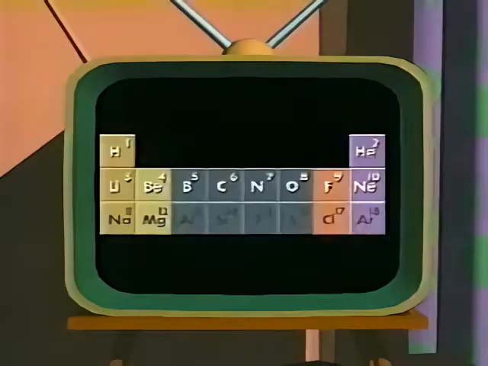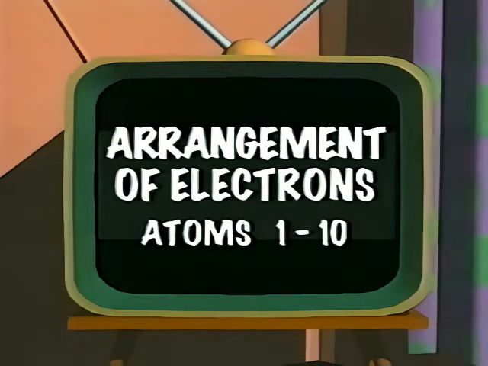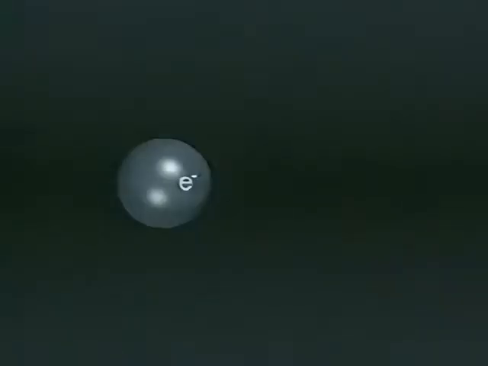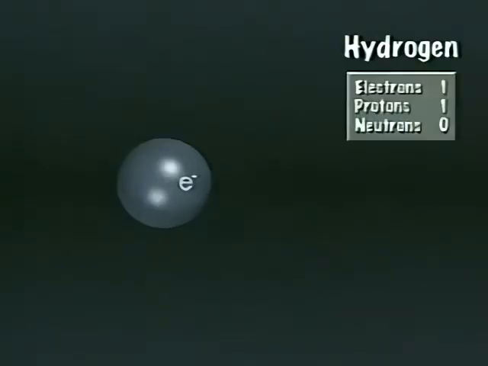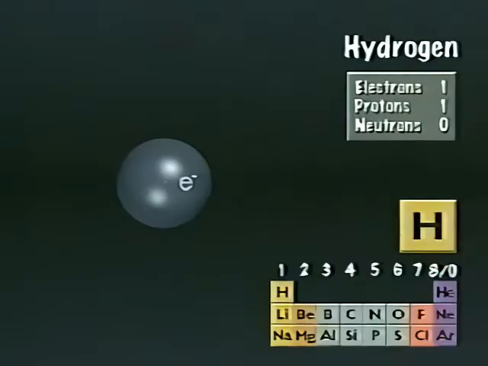Let's look at the first 10 atoms and the arrangements of their electrons. The smallest atom is hydrogen. It has one proton in the center and one electron moving quickly around it. It has one electron and is placed on the top left of the periodic table.